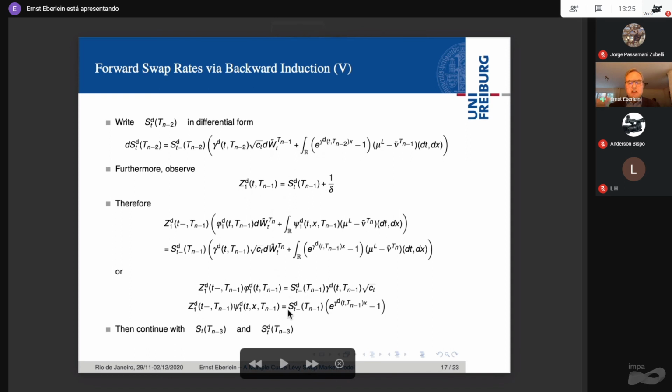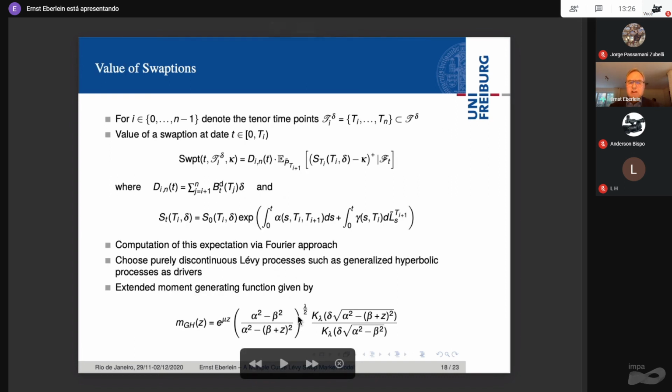And now you continue to develop this in a backward way up to the beginning of the term structure. As a consequence, we get each of the swap rates in the same analytic form, and the price we pay for this is that we have to switch from one swap forward measure to the next one.